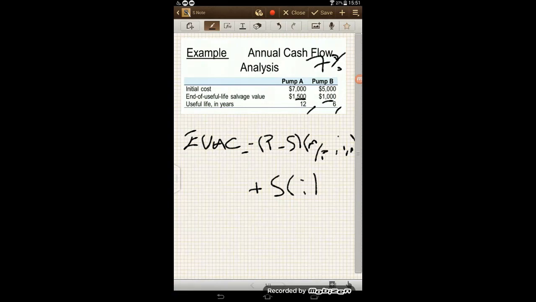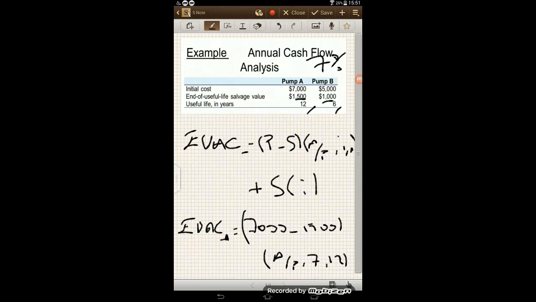For pump A, the equivalent uniform annual cost analysis is 7,000 minus 1,500, and we are going to multiply it by A over P, 7% for 12 years, right?